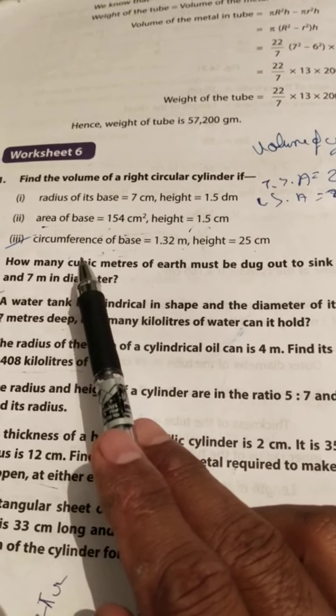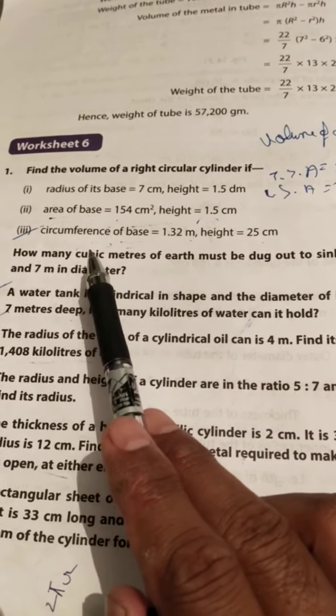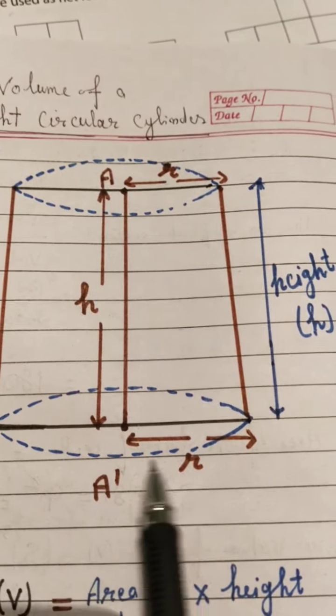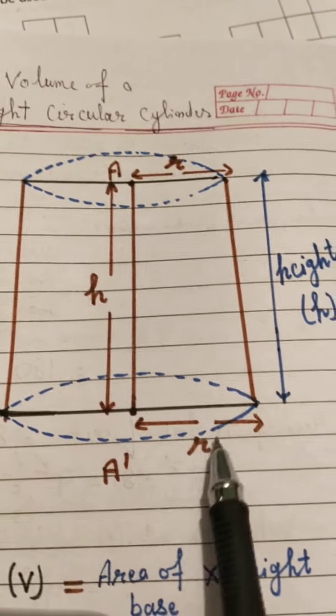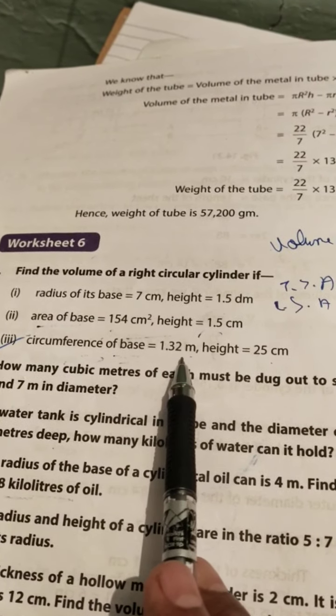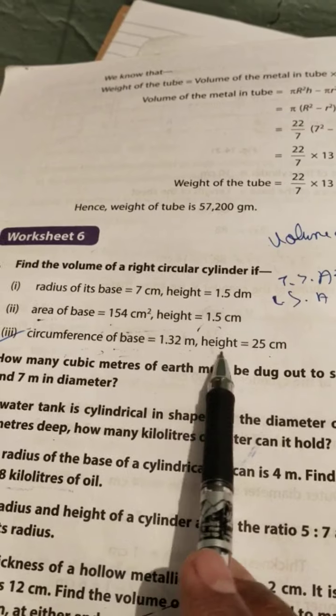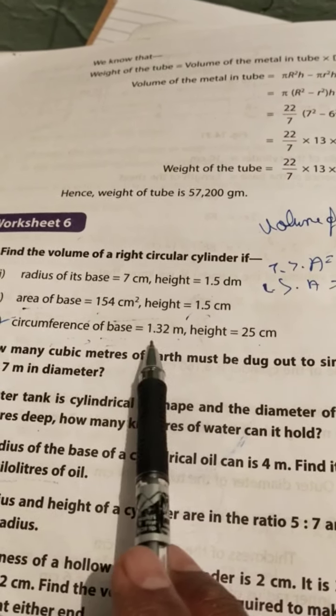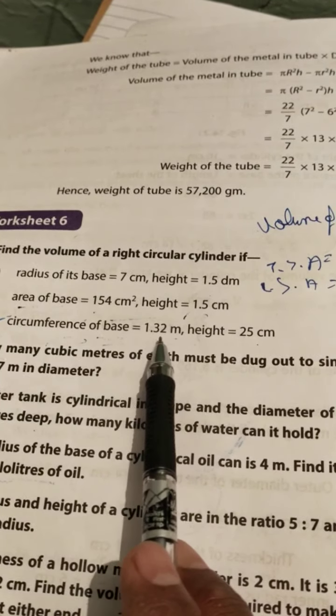Now I go for the third sum, circumference of base. What is the circumference of base? The circumference is the length of the boundary of the base, that is 2 pi r. 2 pi r is given. From this 2 pi r we find r, and height is 25 centimeter. Convert into meter: 1.32 meter is equal to 132 centimeter.